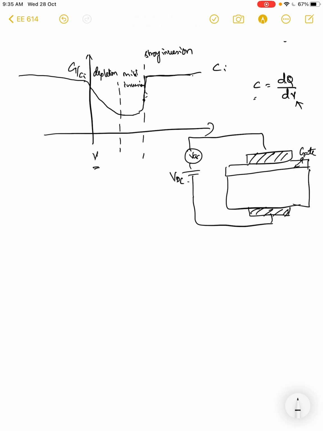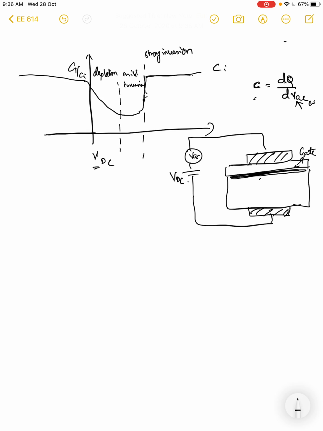So the one that we are plotting in the x-axis of this plot is the VDC, and the actual capacitance that we measure is the change in the charge in this parallel plate capacitor, versus the applied AC bias, right? And this AC bias is at some frequency omega, and you have to generate and recombine the charges at the interface at this frequency.